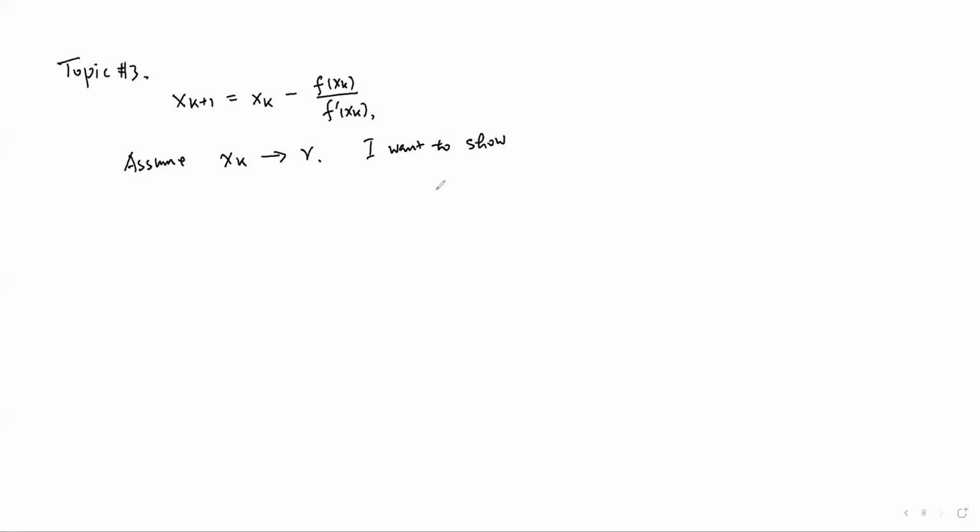That means, by definition, the limit as k approaches infinity of |x_{k+1} - R| over |x_k - R| squared approaches some number.